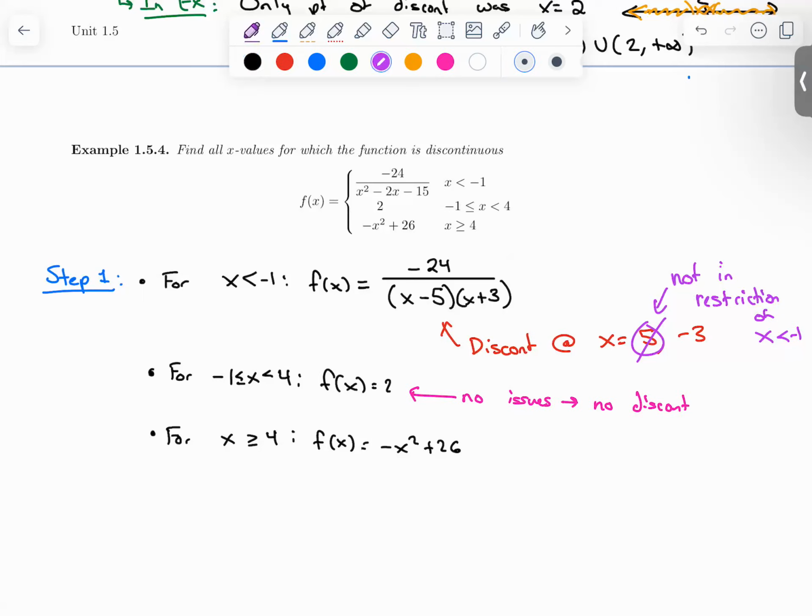So no issues. No discontinuities. So the only discontinuity we had from the pieces themselves was from the first piece, so we only got one discontinuity so far.